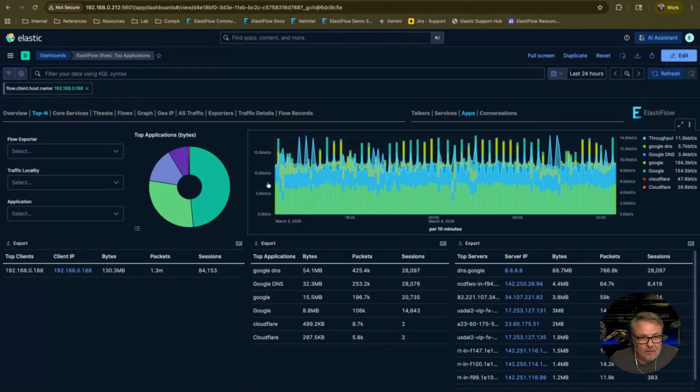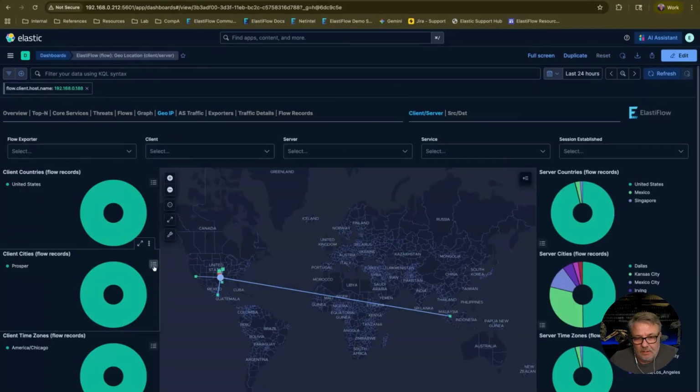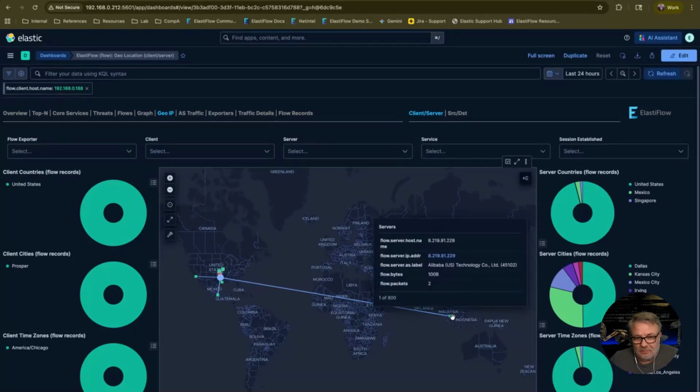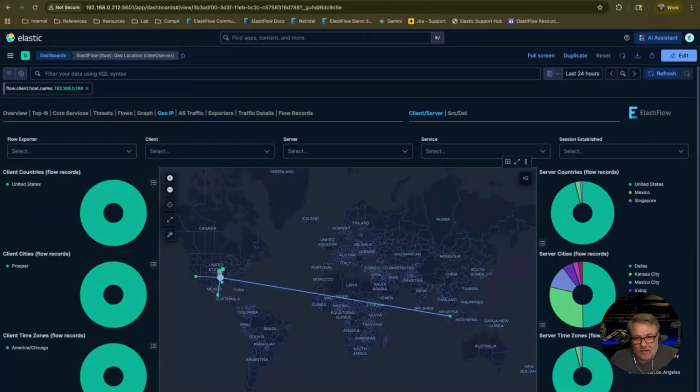And, like I said before, it's pretty interesting that it talks throughout the world, right? We got some Singapore over here, we got some Latin America over here, California, northern, central U.S. And this is in fact an Elegoo 3D printer. Why is it talking to these people? I don't know.